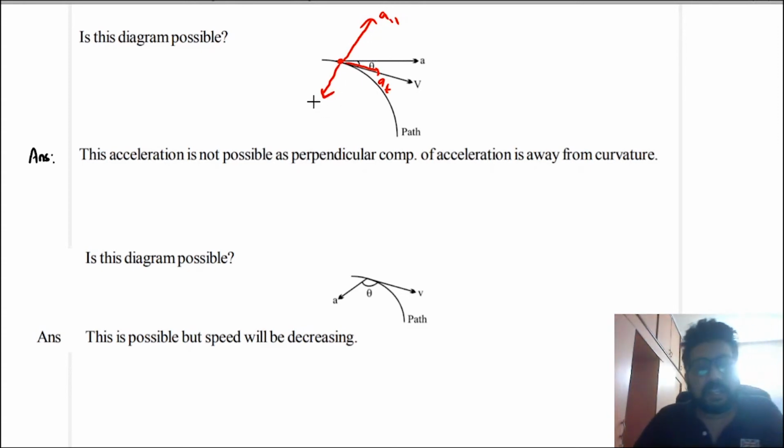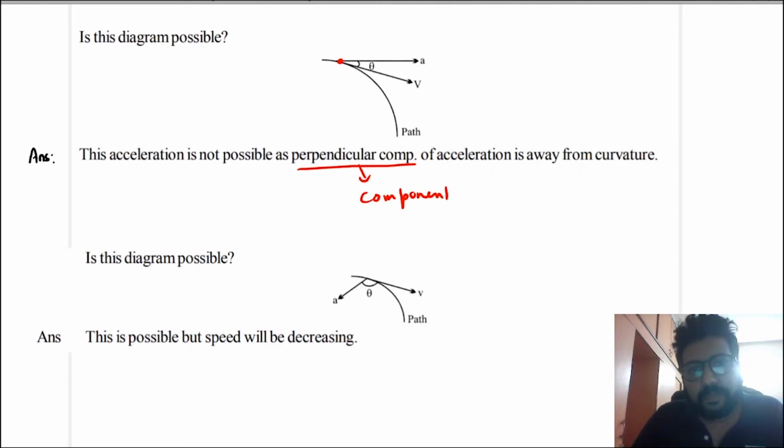Clearly you can see that this motion is not possible. This acceleration is not possible as the component perpendicular to velocity has to be towards the center of curvature, and not away from the center.